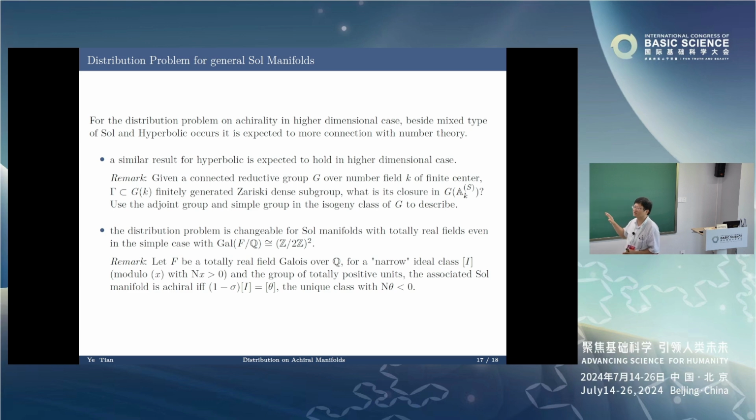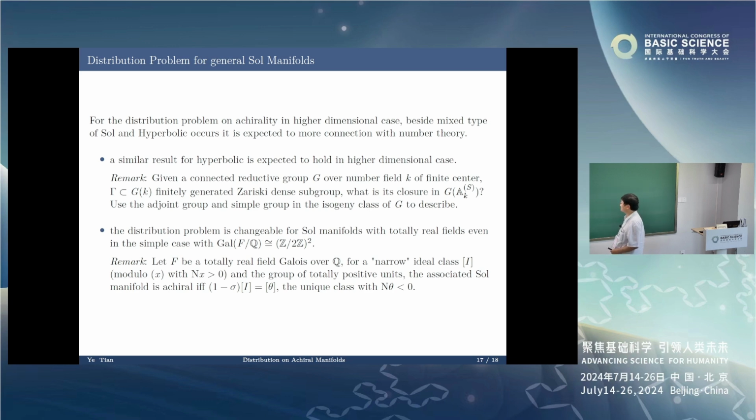Not every place is bigger than 0, just norm bigger than 0. And you associate to this narrow ideal class a group of totally positive units, then you can construct a Sol manifold of dimension, say, if the degree of F is 2, then you get a 3-dimensional one. If the degree is 4, you get a 7-dimensional one.